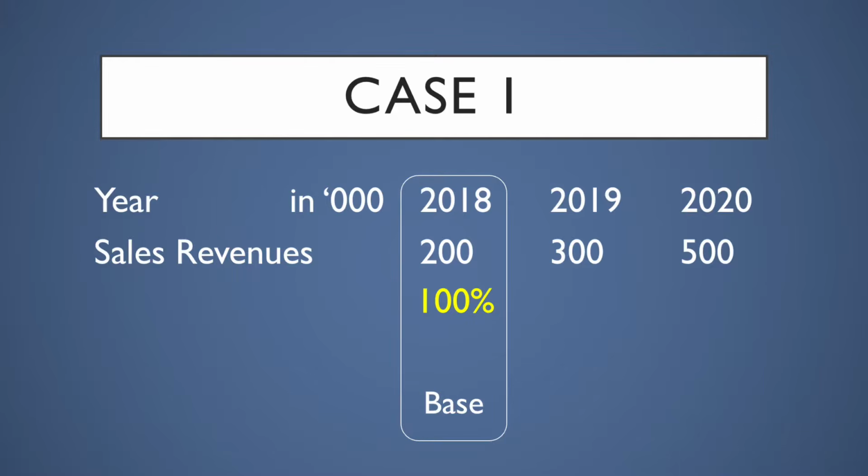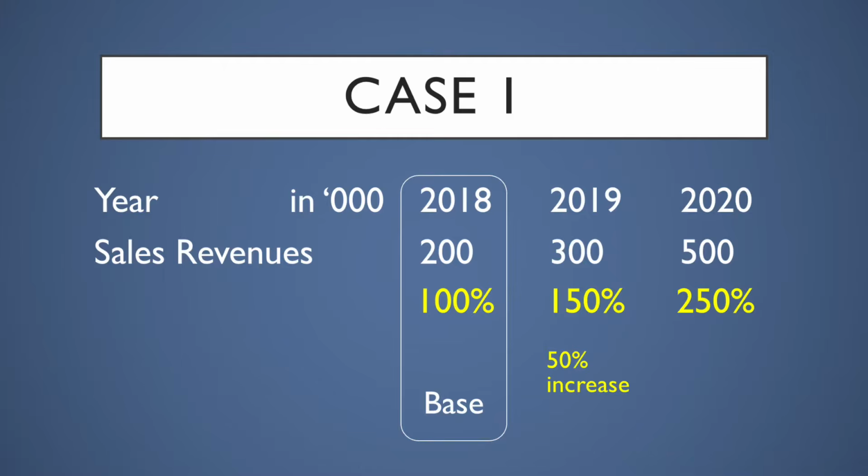Again, the sales revenue in 2018 is 100% in horizontal analysis. This will give us 2019, 300,000 over 200,000, 150%. 2020, 500,000 over 200,000, that's 250%.